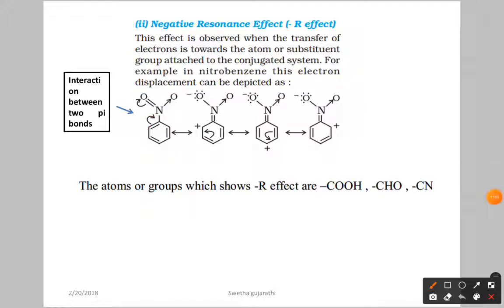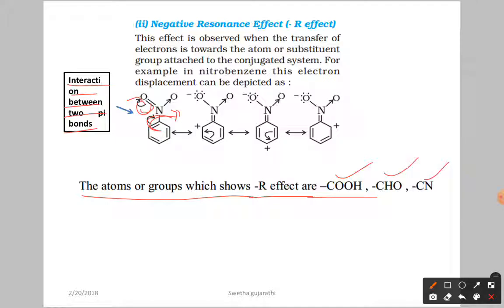Now here you can see the interaction between two pi bonds. While shifting the electron, what did I do? Only I did the interaction between the pi bonds. I didn't touch any lone pair, isn't it? So this is the interaction between only two pi bonds. The groups which show minus R effect are COOH, that is nothing but the acid group, CHO, nothing but the aldehyde, and CN means the cyano group.